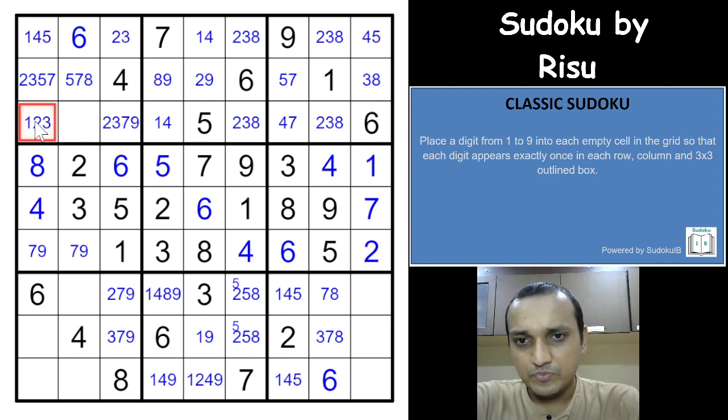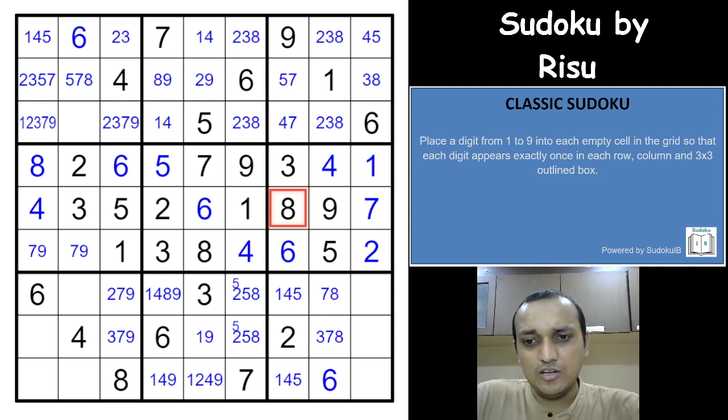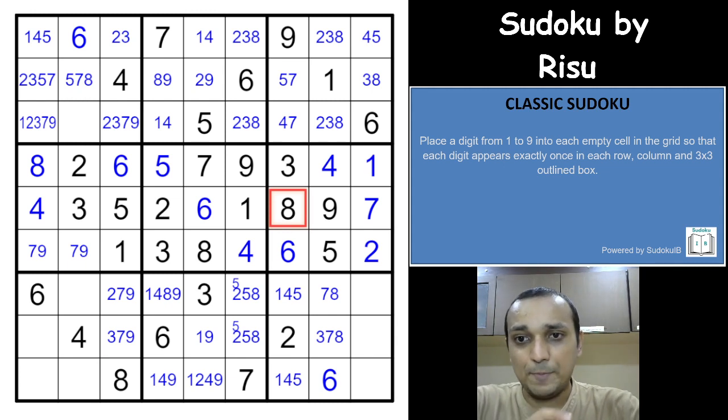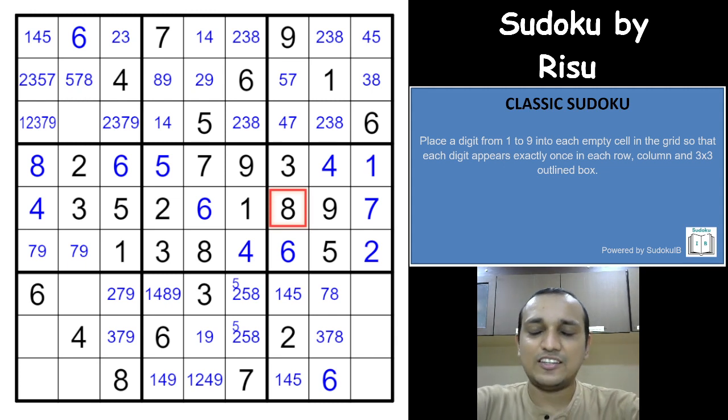1, 2, 3, 4, 5, 6 is not possible, 7 and 9, right? Now if you see here, there is a really excellent logic in this Sudoku. There is a particular logic that I said at the start. There is one particular advanced logic that is used in Sudoku again and again, right? And that logic is X-wing.